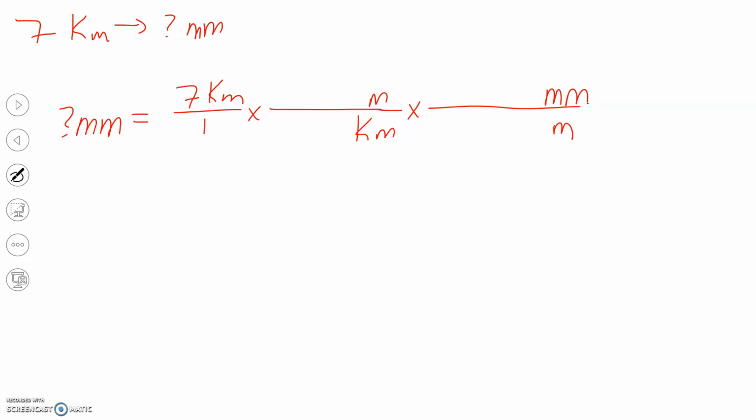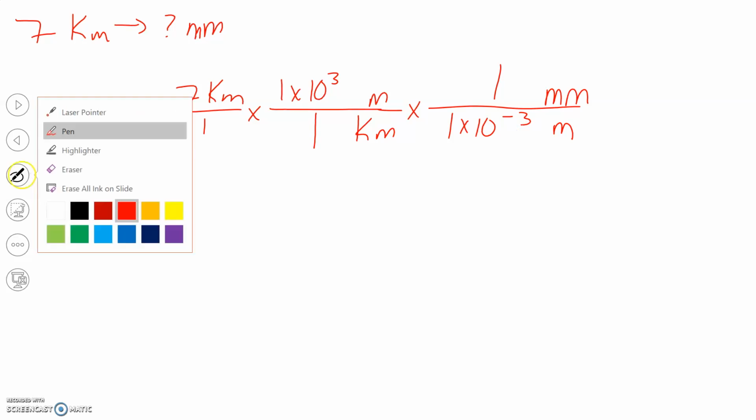One thing, without even looking at the charts, I always know 1 goes with our prefix. So I'm going to put 1 with kilometers, and I'm going to put 1 with millimeters. Now when I go back and look at my metric chart, the number that goes with meters for the kilometer is 1 times 10 to the third. And when we look at millimeters, it should be 1 times 10 to the negative third.